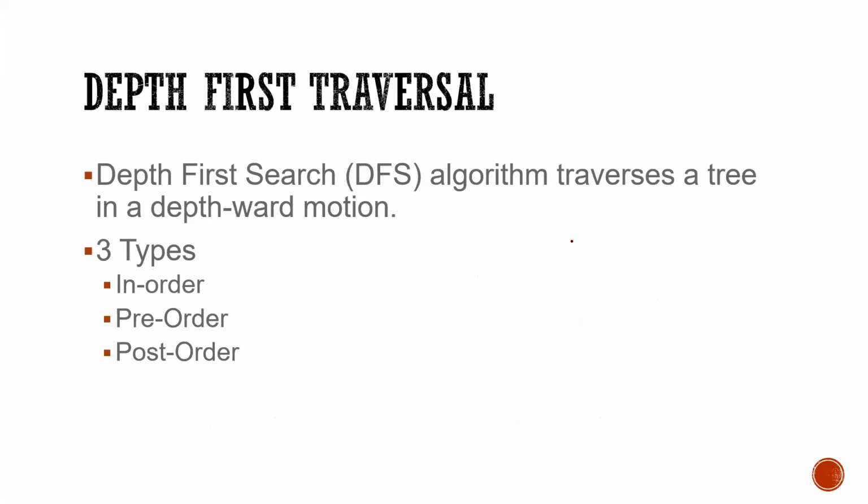But in the depth first traversal, we traverse vertically in the depthward motion. There are three types of depth first traversal: in order, pre-order, and post-order.